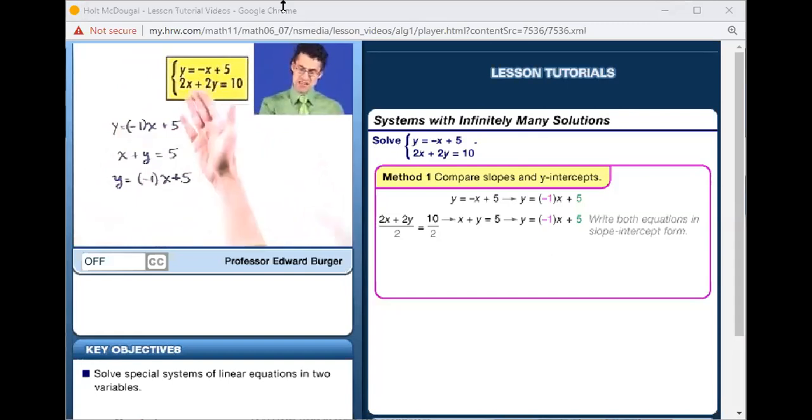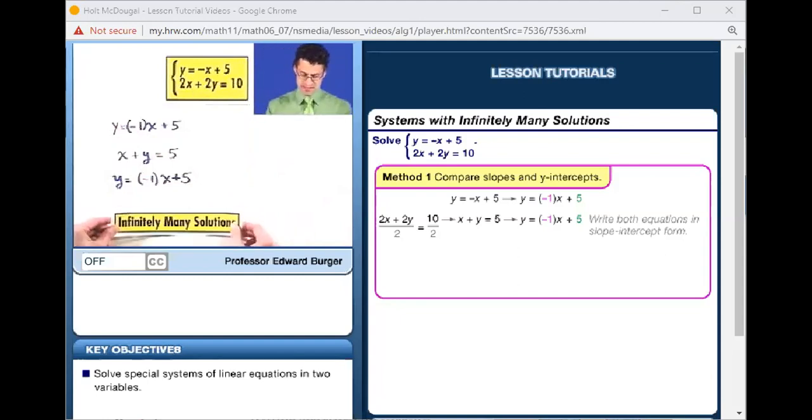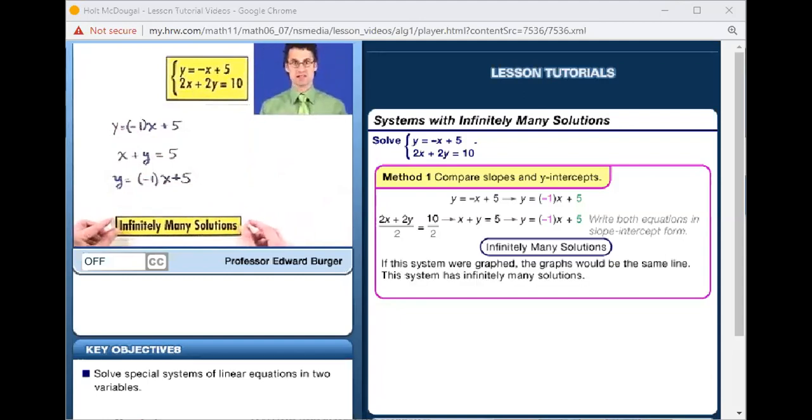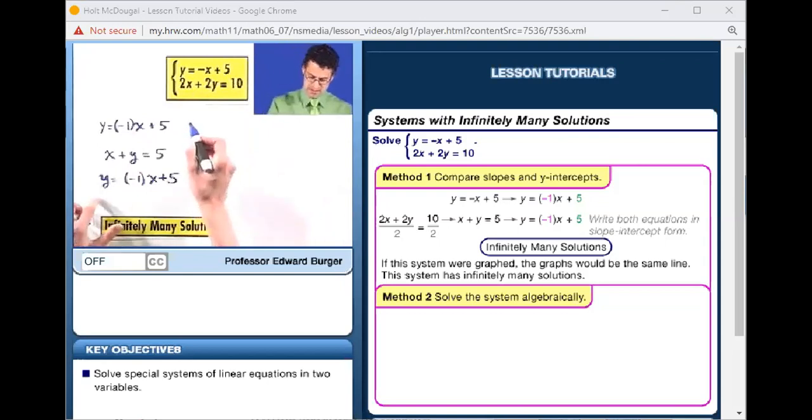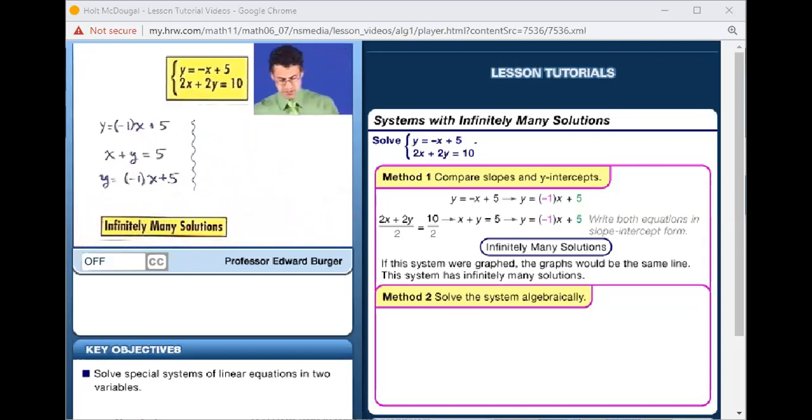So any x that you think of and any y that makes the first thing satisfied will automatically make the second thing satisfied. So in fact, this has infinitely many solutions. Infinitely many solutions. Now we can see that algebraically. Again, suppose we didn't notice this cosmic coincidence. We can solve this algebraically just using the substitution method. Well, y equals y.